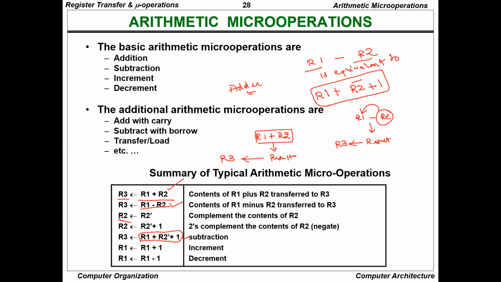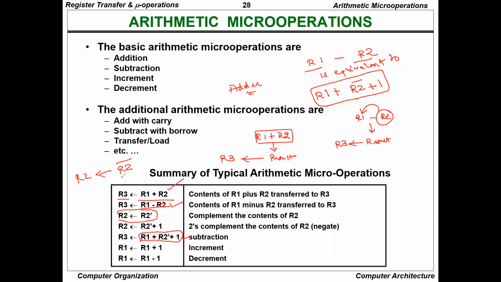This is simply the complement of the content. So that means this is R2 complement. Complement means, like I already said, changing the bits from 0 to 1 and 1 to 0.